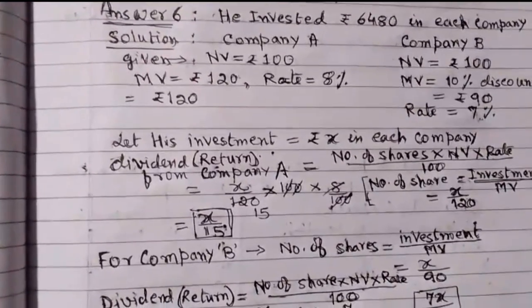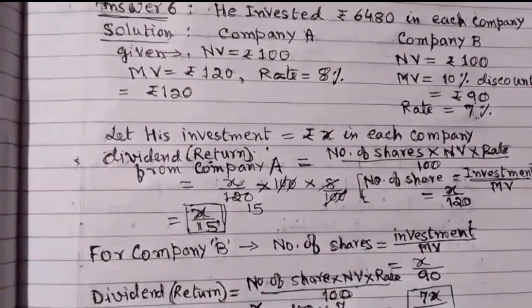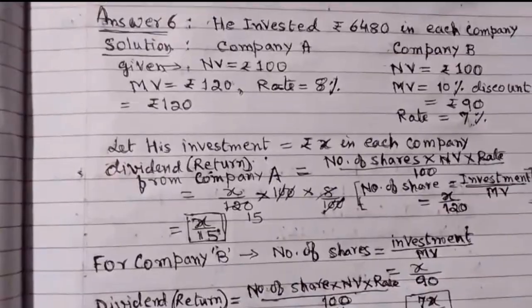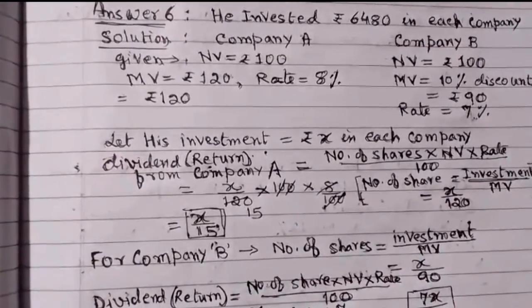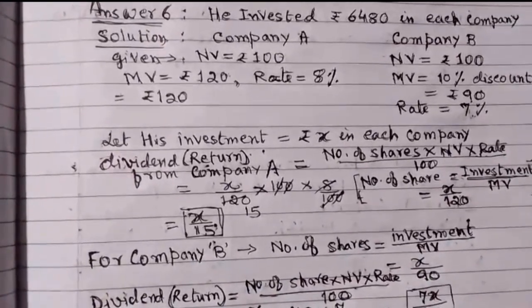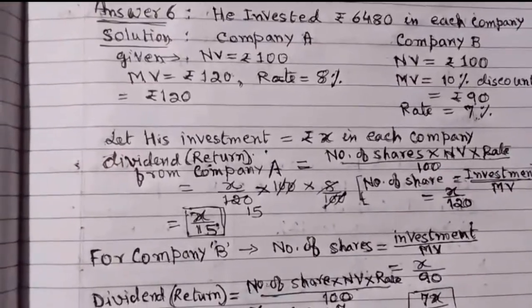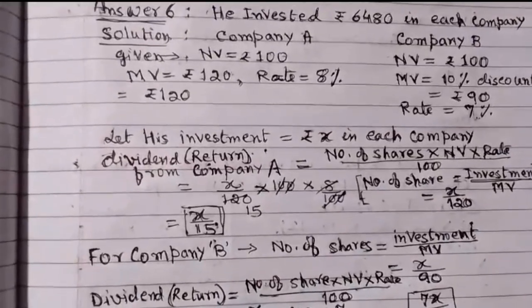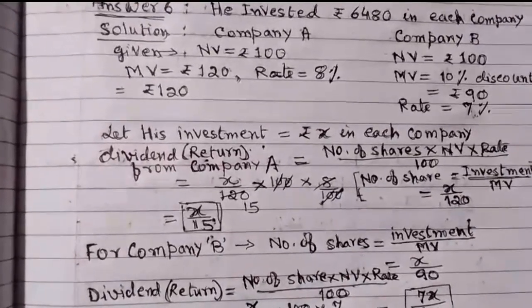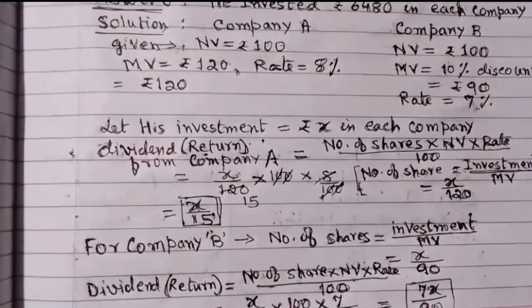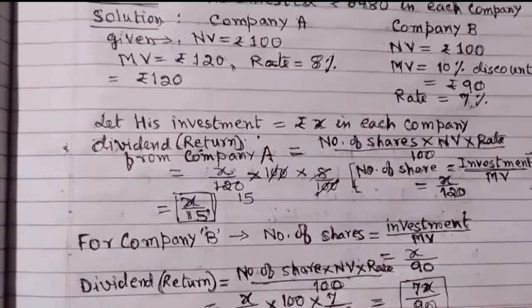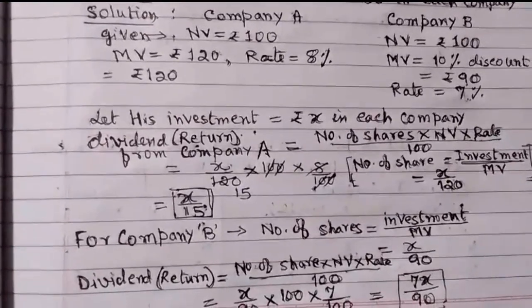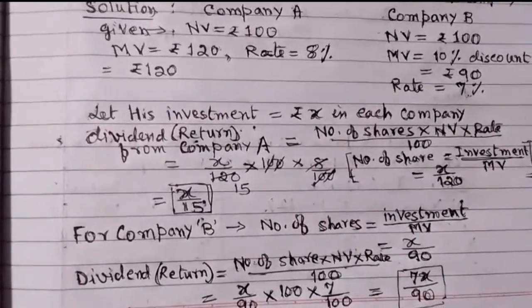Company B: nominal value of the share is rupees 100. Market value is at a discount of 10%, which is 10% less than the nominal value, that is 100, which is equal to rupees 90. That is, market value is rupees 90 and the rate of dividend is 7%.